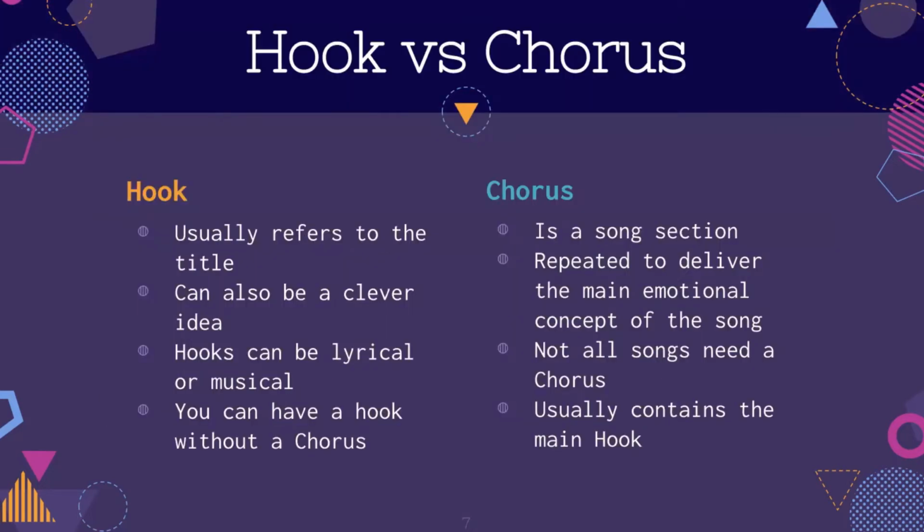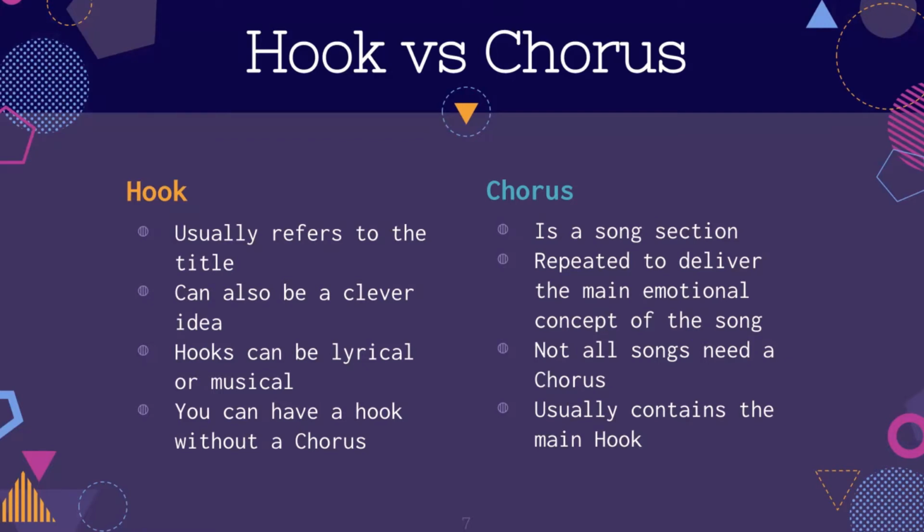A lot of times you'll hear people talk about a hook of a song as well. So what's the difference between a hook and a chorus? Well, a hook usually refers to kind of the title. It can also be sort of the clever idea or the clever flip of the song. And hooks can also be lyrical or musical. And you can have a hook without a chorus.